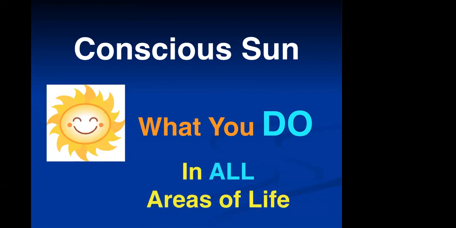And when I learned this about my own chart, it really amazed me, actually, because I saw that my conscious sun, which I'll talk more about a little bit later, was everywhere. In all areas of my life, I could see that this is an energy that is playing into my experience of life, what I'm doing, and how I'm interacting with people. So today I want to help you understand how this can be a way that you can look at and understand your own life a little bit better.